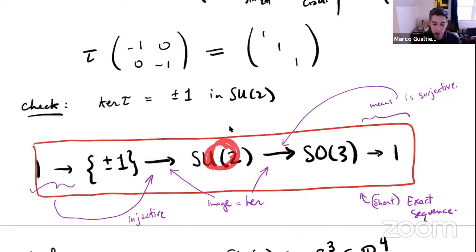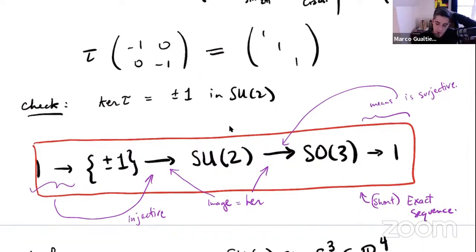Roughly speaking, anything in here is either going to be sent here or is going to be in the image of here, and you're not losing anything. You're exactly describing the group. So such a sequence just means that the kernel of f_i is equal to the image of f_{i-1}. That's all that exactness means.